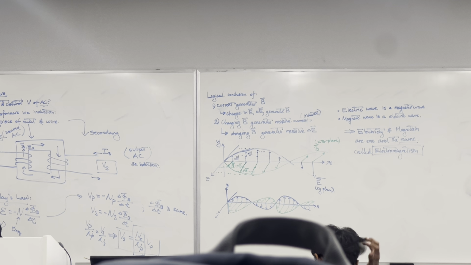In essence, by a long list of connections, they are one and the same thing. Because charges generate magnetic fields, and magnetic fields make them move, but then the changing electric field generates magnetic fields, so on and so forth. So electricity and magnetism are one and the same phenomenon called electromagnetism.